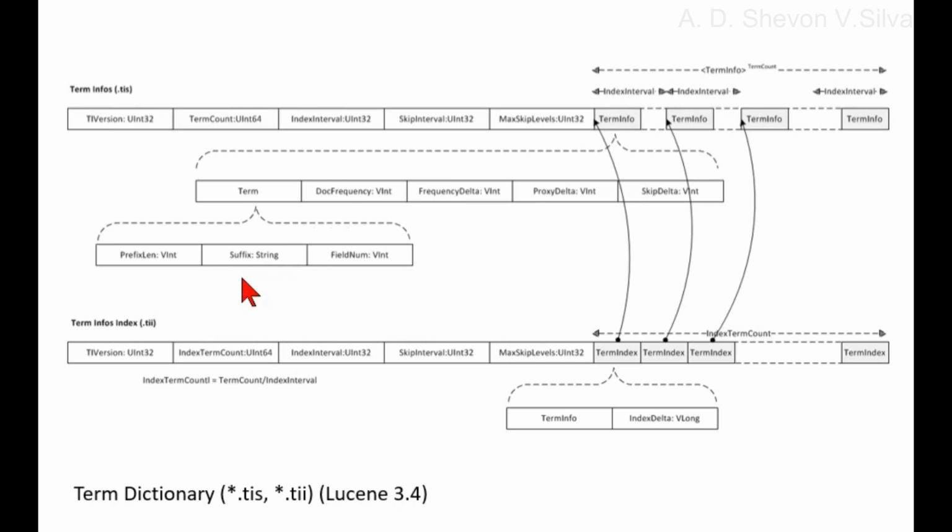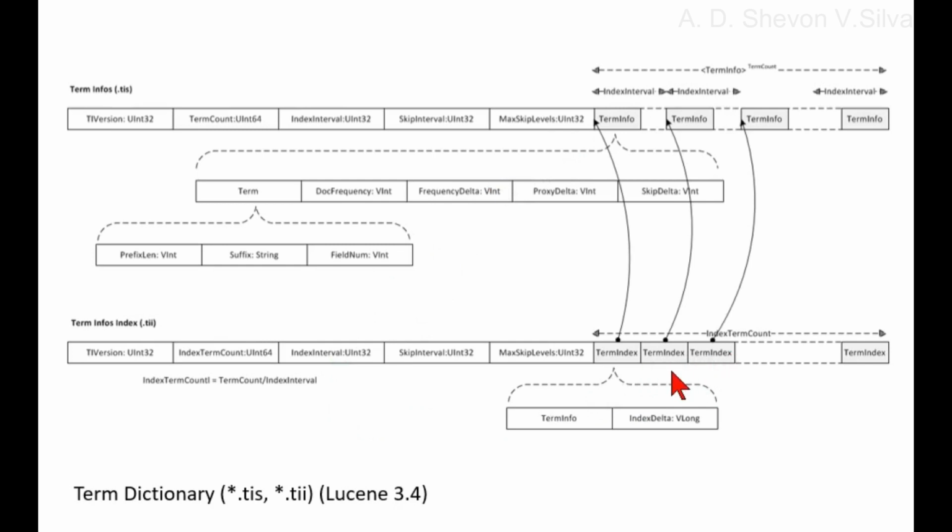Term info index .tii. This contains every index interval entry from the TIS file along with its location in the TIS file.